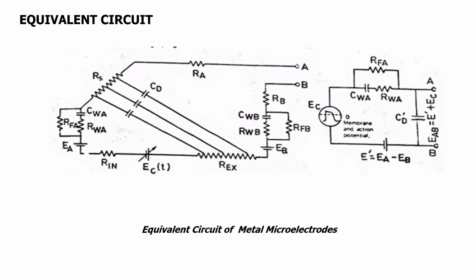This equivalent circuit represents the metal microelectrode. The metal is coated with an insulating material so that a capacitance is set up between the metal and the extracellular fluid. This is called the distributed capacitance, CD.